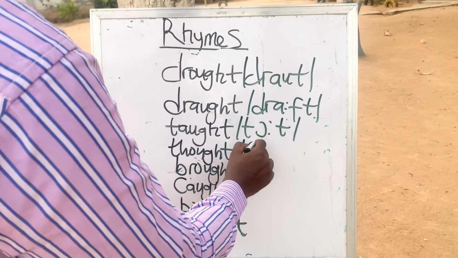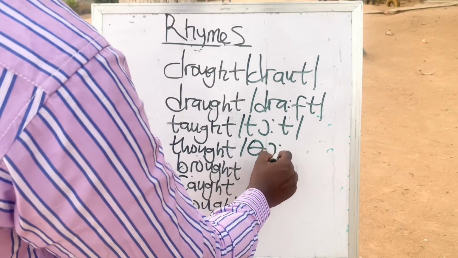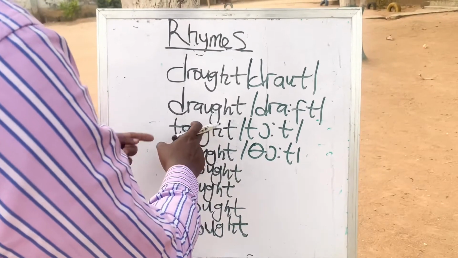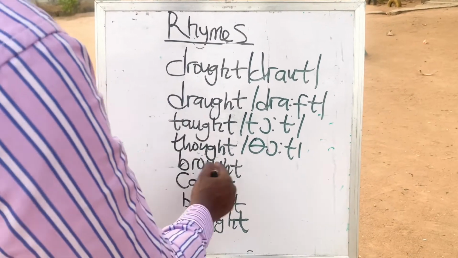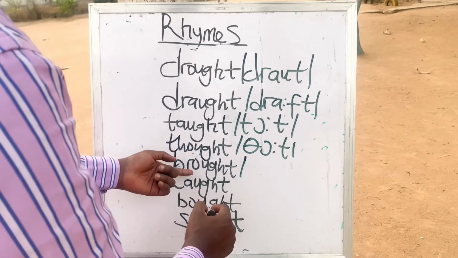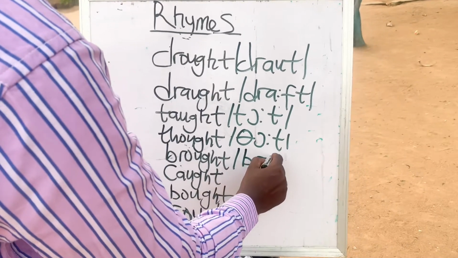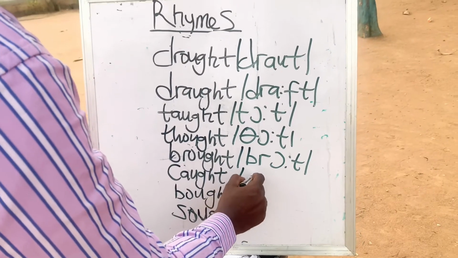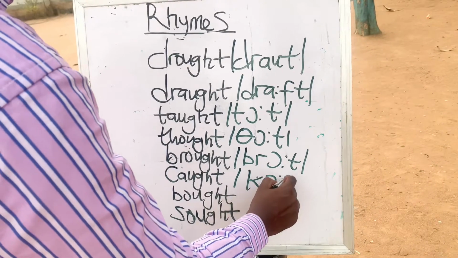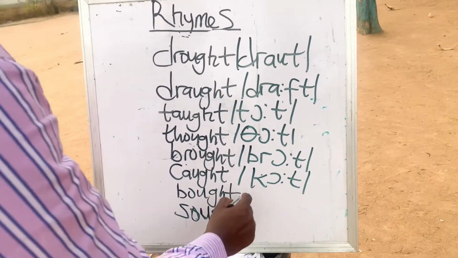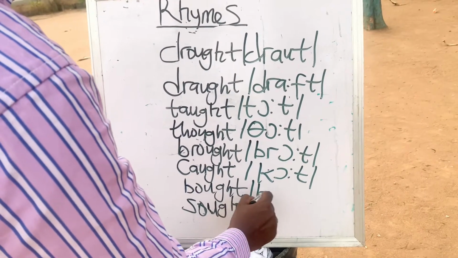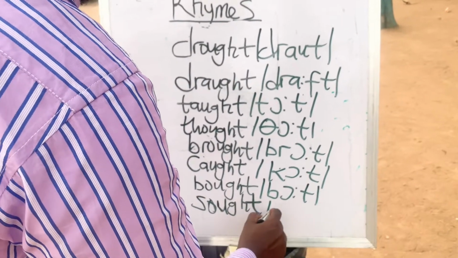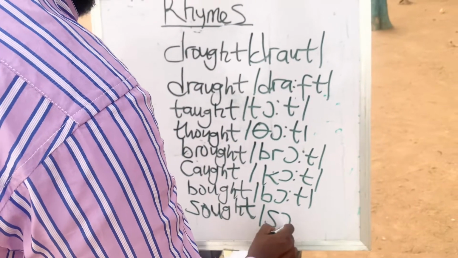The next one is pronounced as thought, the past tense of think, while this one is the past tense of teach. Then we move on to the past tense of bring, which is brought. Then we move on to the next one, which is called. Then we move on to the next one, which is bought. And the last one, which is sword.